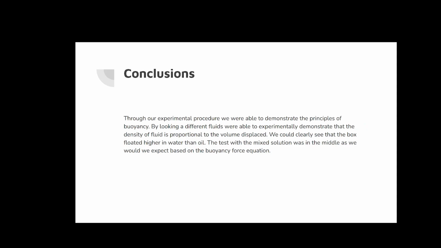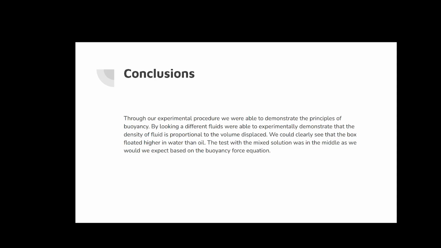So through our experimental procedure, we're able to demonstrate the principles of buoyancy by looking at different fluids. We're able to experimentally demonstrate that the density of fluid is proportional to the volume displaced. We could clearly see that the box floated higher in the water than the oil. The test with the mixed solution was in the middle, as we would expect based on the buoyancy force equation.